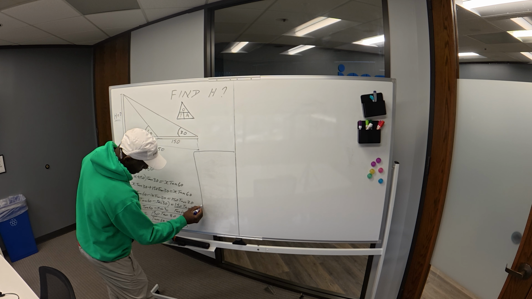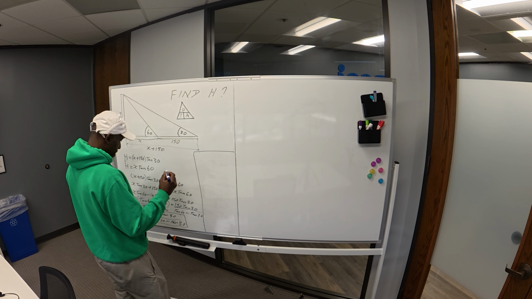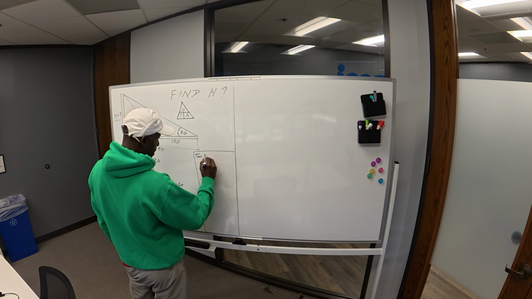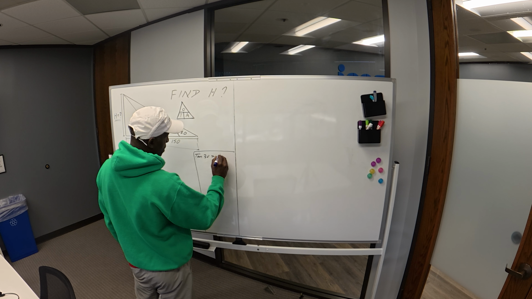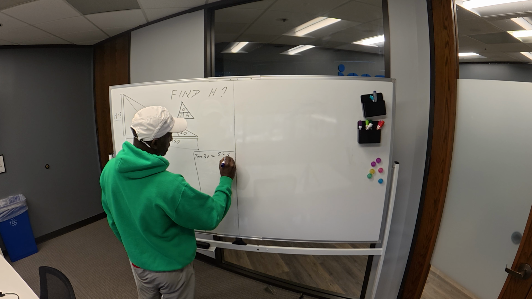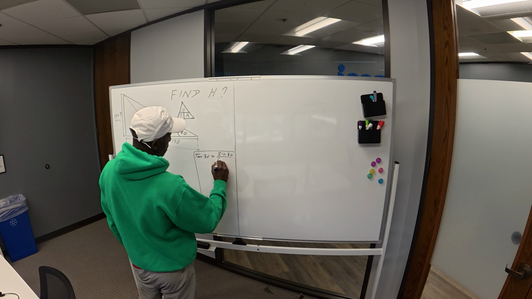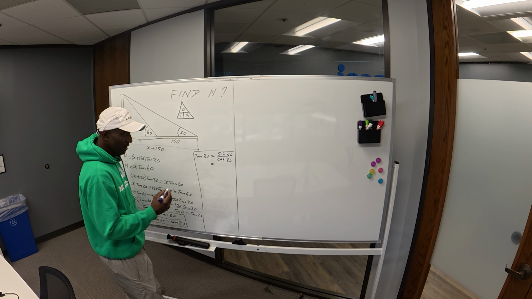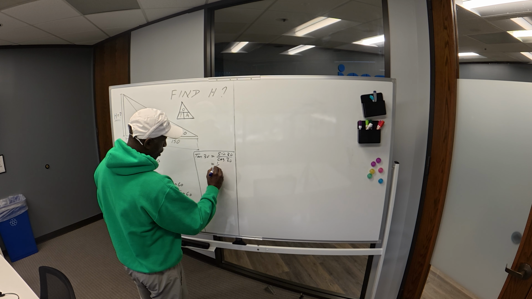I know that tangent of 30 is equal to sine of 30 divided by cosine of 30. But I know that sine of 30 is a half, so there will be 1 upon 2.